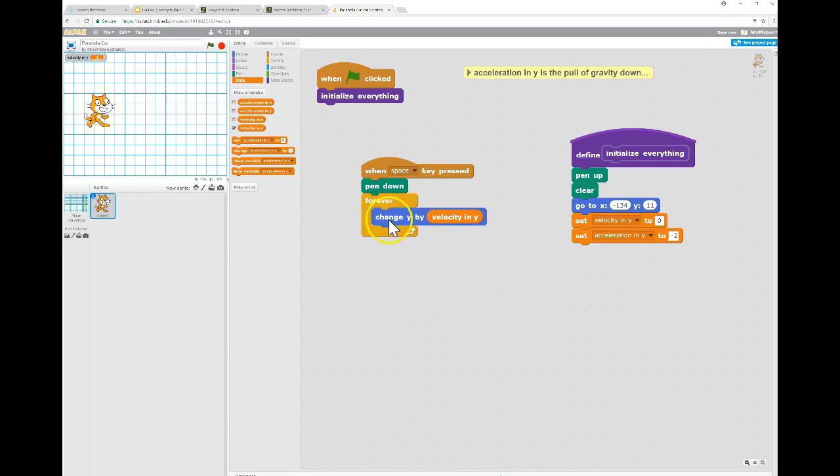So, instead of just changing by velocity in y, every time we go through, we're going to change velocity in y by acceleration in y. And let's see how that looks.